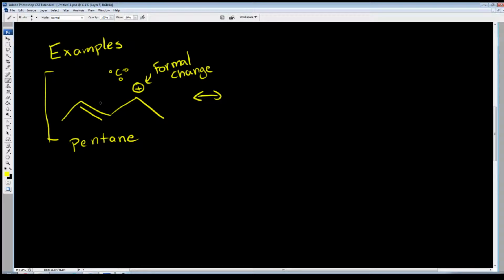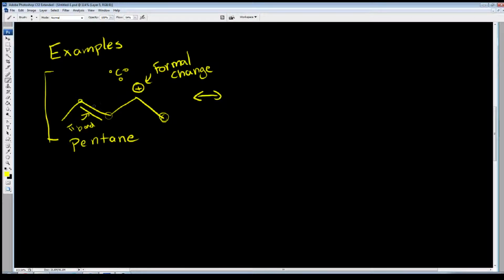And if it's positive, you always go from any other adjacent bonds. It's going to go towards it. So you see right here is a pi bond, which means that there's another pair of electrons being shared between this carbon and this carbon.